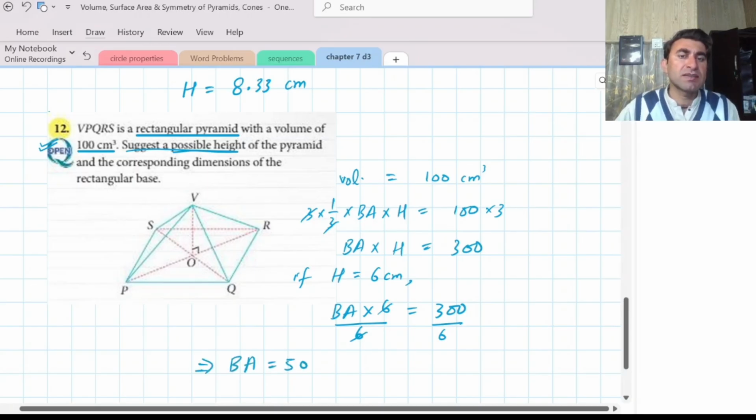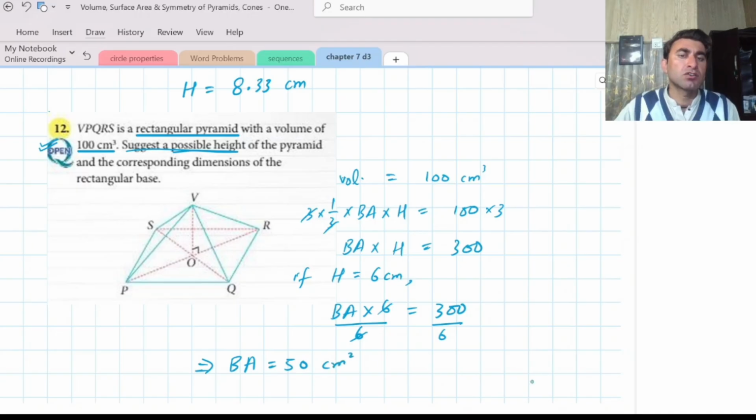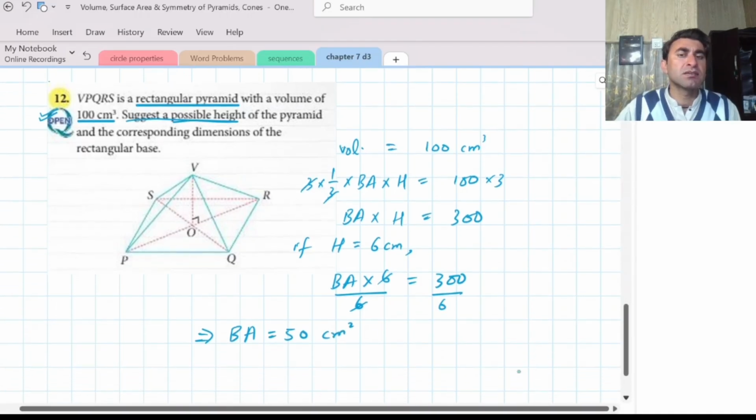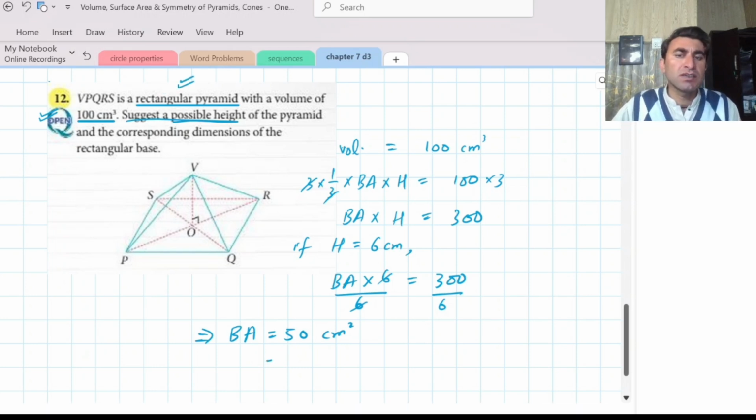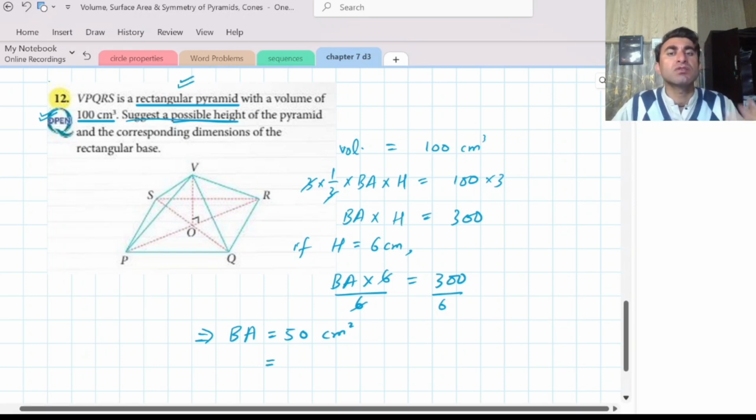50 centimeters square. So as the base area is 50 centimeter square and it was a rectangular base, we are to see any two values whose product is 50, like 5 times 10. So these are definitely its length and breadth.